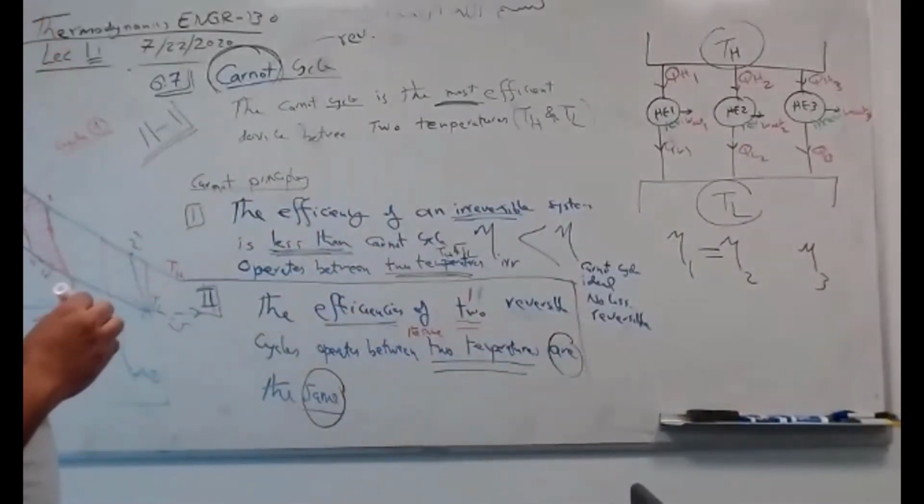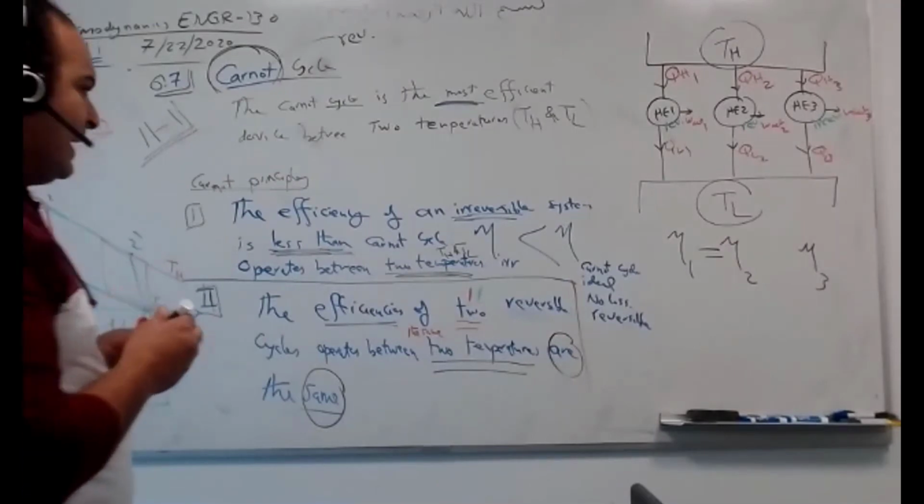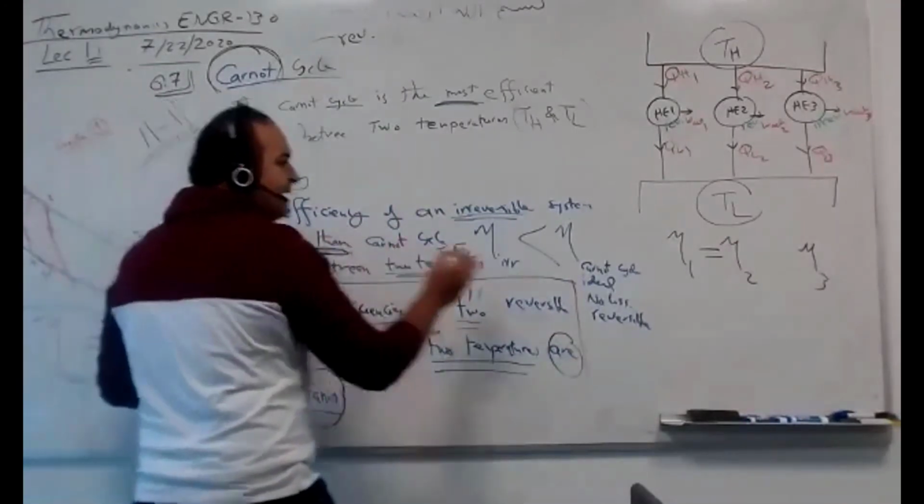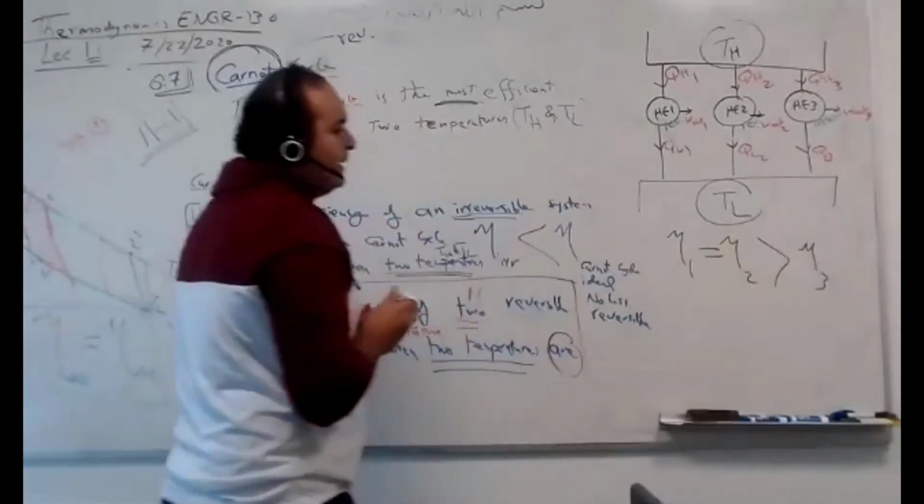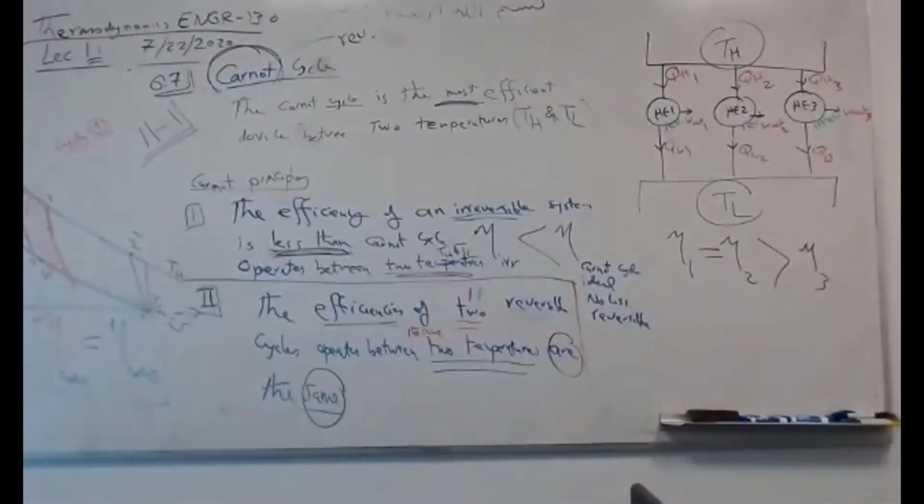How about eta 3? Greater or smaller? It's irreversible. Exactly, it's less than the others. So eta 1 equals eta 2, but eta 3 is less than. Make sense, guys? Make sense?